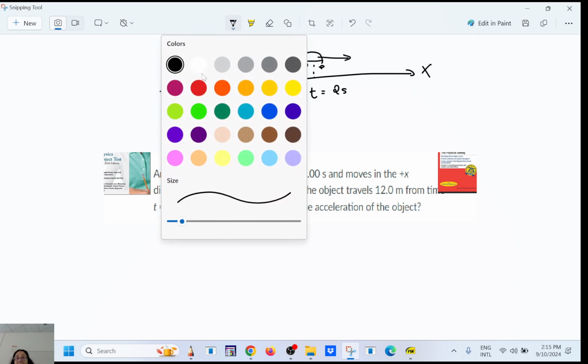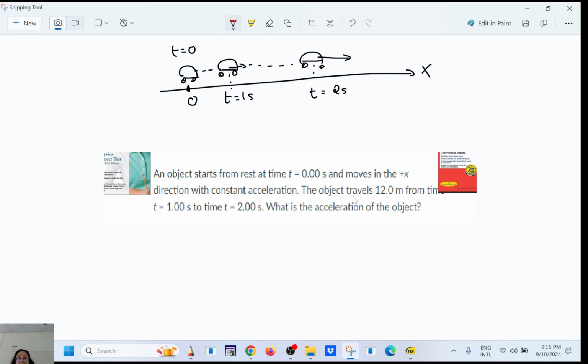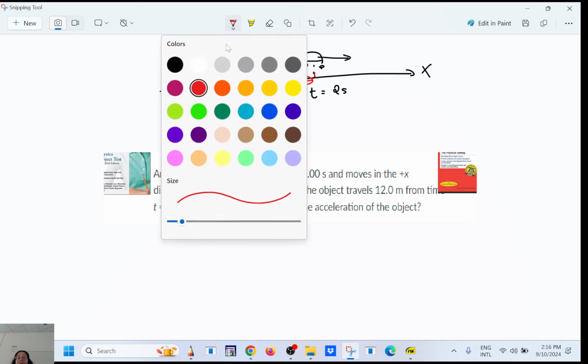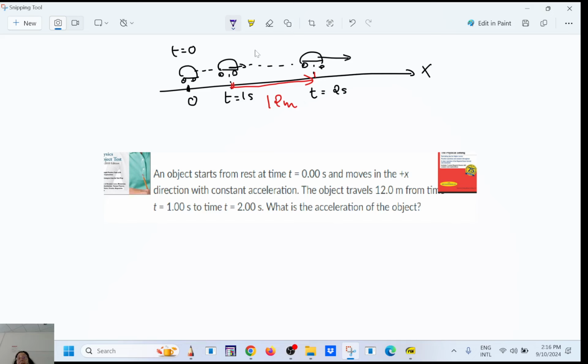And the thing that they give you is that between t equals 1 second and t equals 2 seconds, so imagine you have a stopwatch, between here and there, the displacement is 12 meters. And there is an acceleration. So think of the acceleration like a force. And you need to find the acceleration.